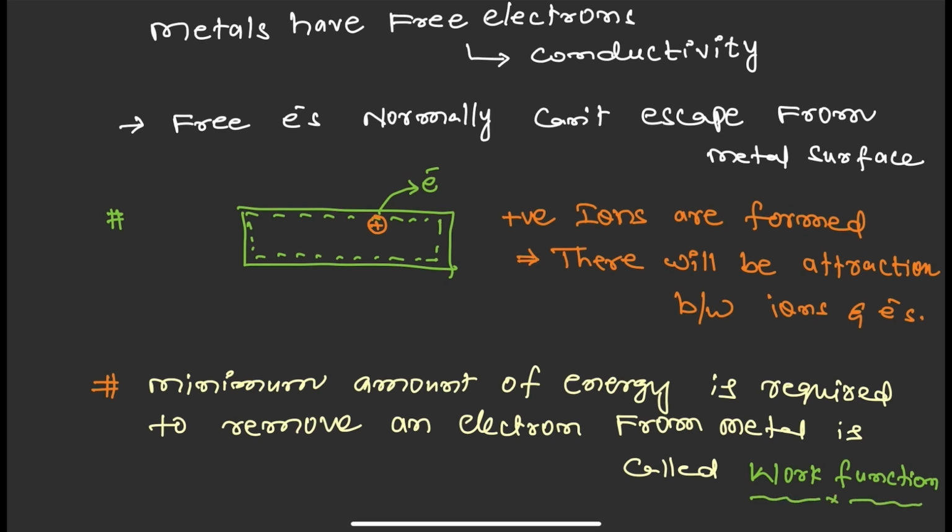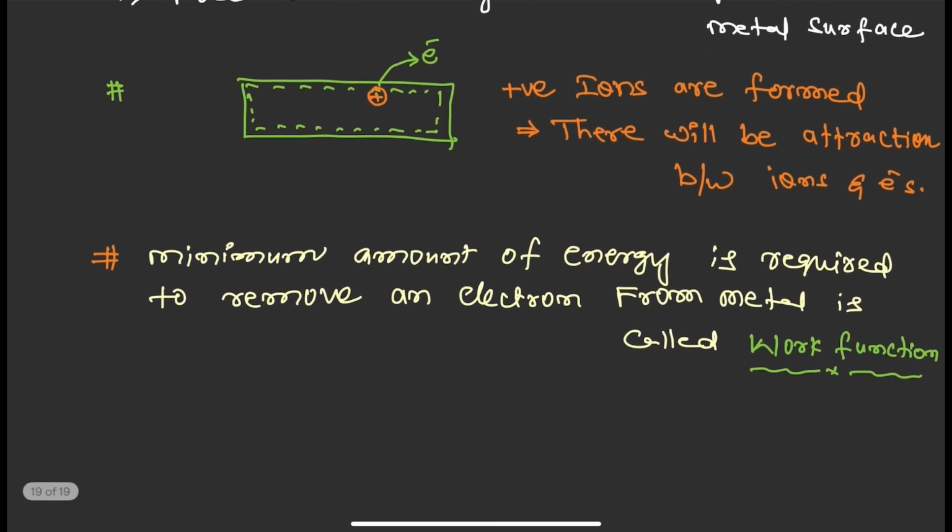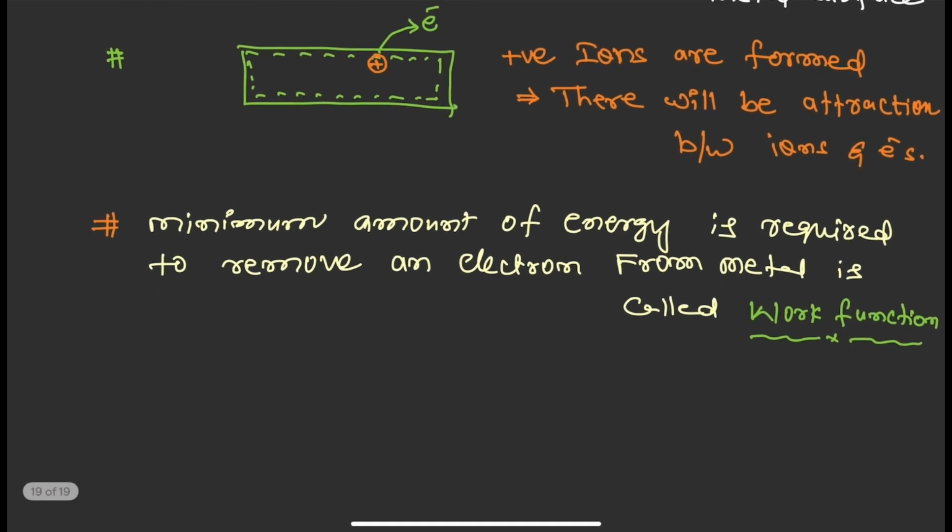Work function is the amount of energy needed to eject electrons, or to remove the electrons from the surface of the metal.